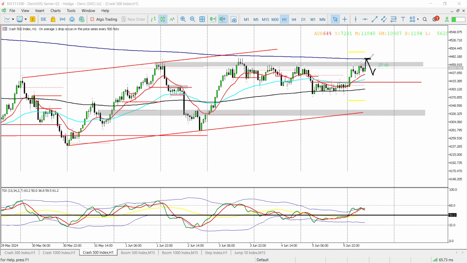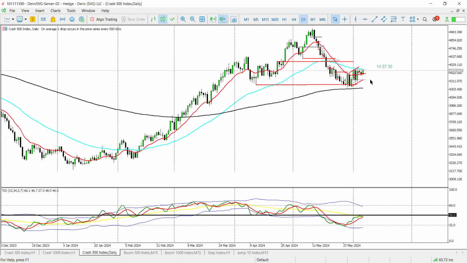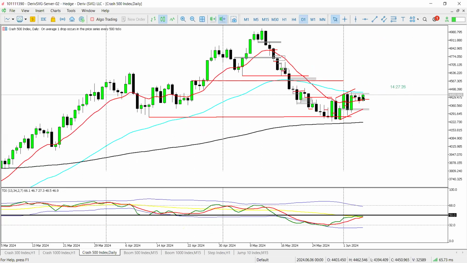If they give us that touch here and come back down, we need a close below the 13 for us to consider sells. As much as they've been trying to react from this same level, you can see the sells haven't really been dropping, so we want to be careful with price here. On the daily, the only thing I'm looking forward to is probably a touch of the 50 EMA.